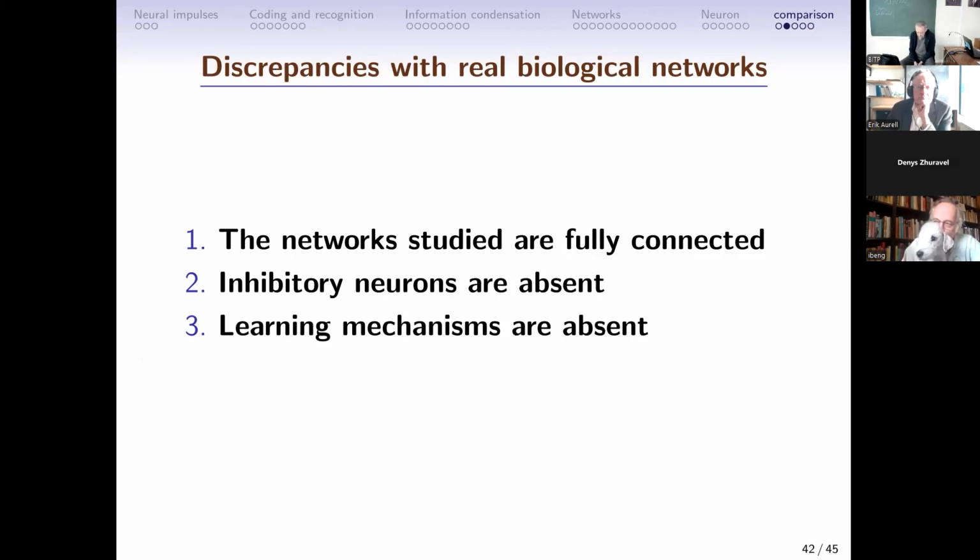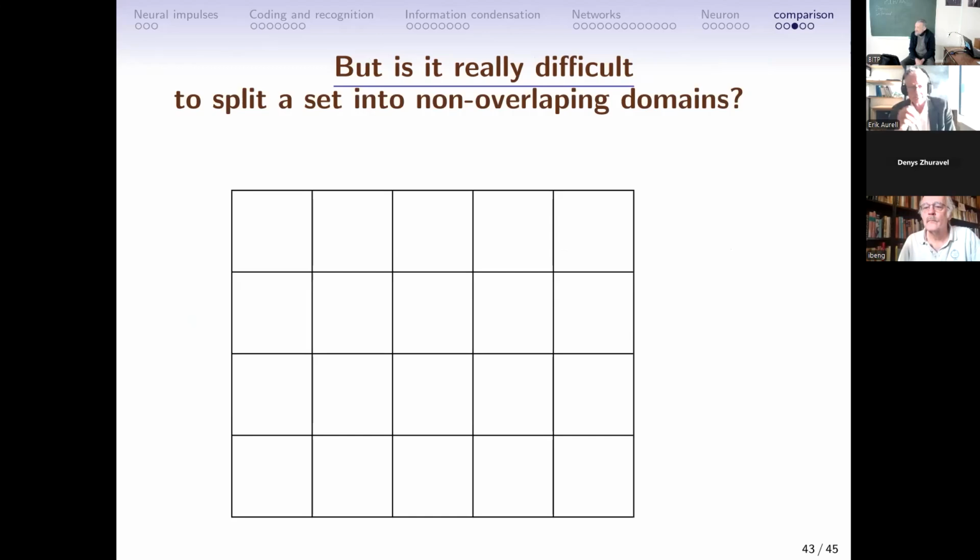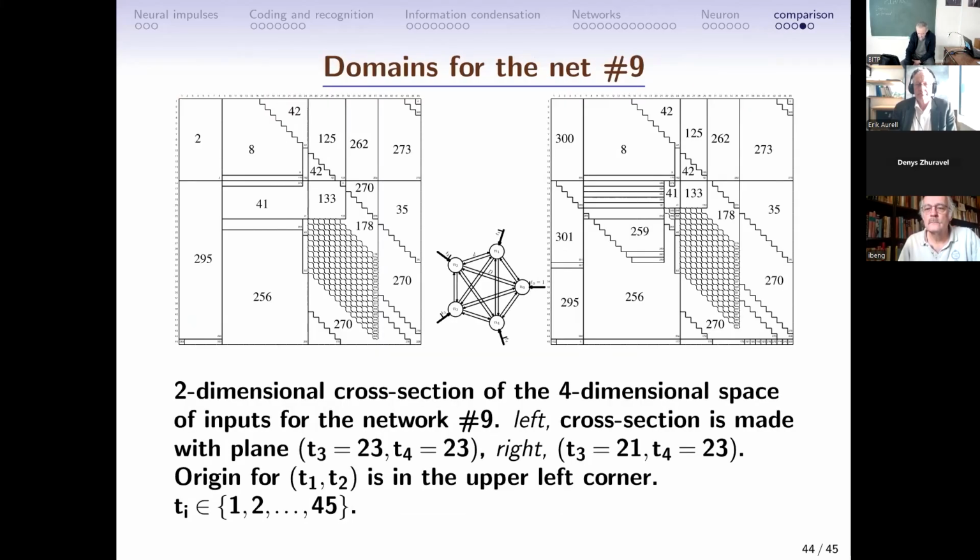But is it really difficult to break up a set into different subsets? Anyone can do the job by applying some reasonable rule like this one. On the other hand, let us have a look at the breaking up of the set of initial stimuli for this network.